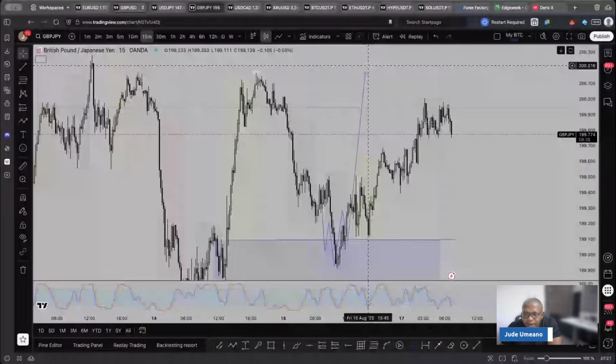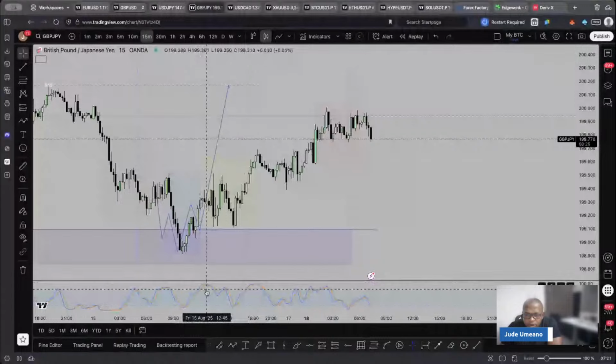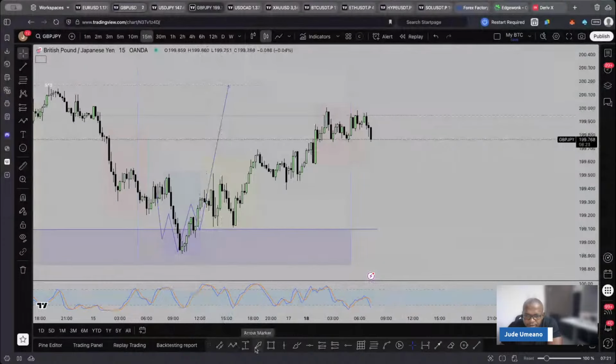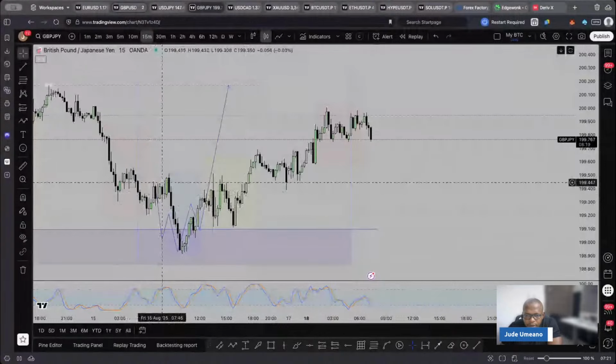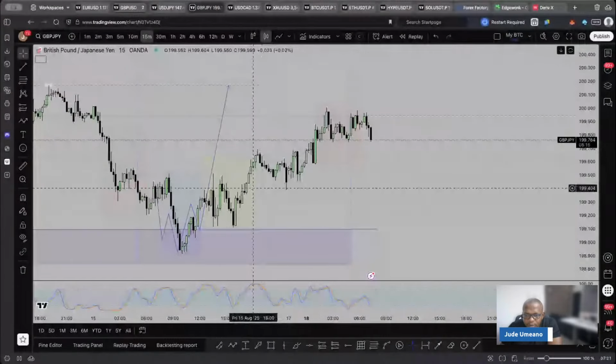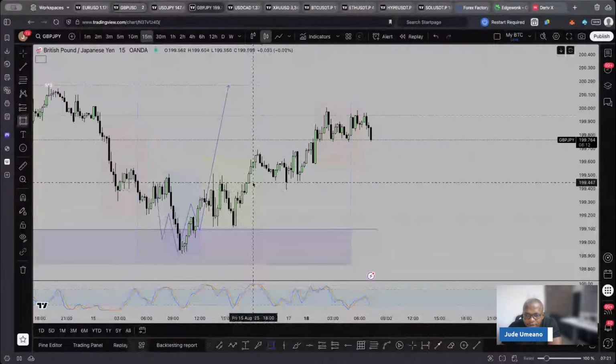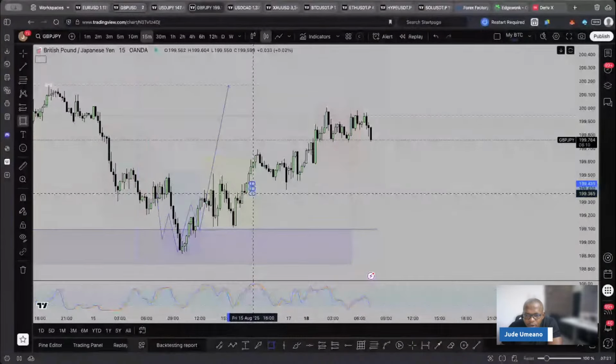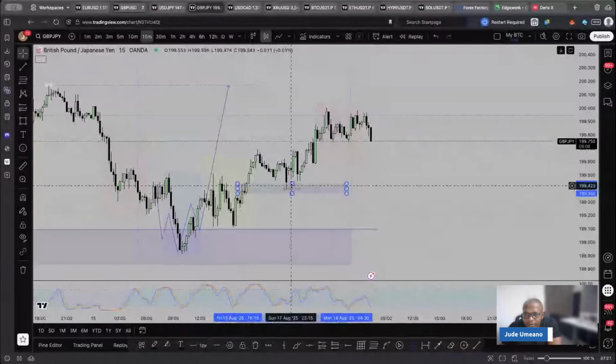So for risk entry, this would have been a very good trade. For confirmation entry, let's look at it. We had a drop down here, then a movement upward here. So for confirmation entry, this would have been where we'd consider an entry, right here.